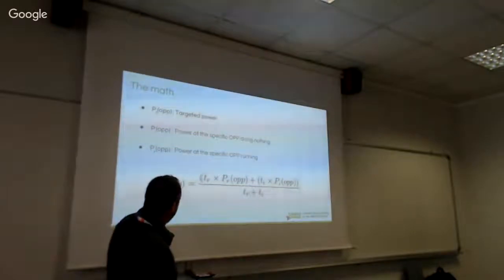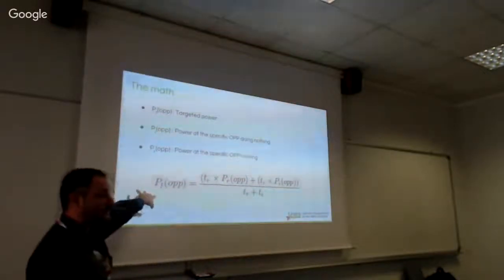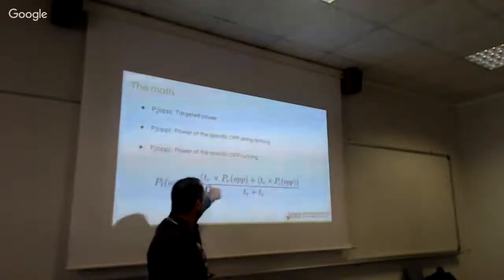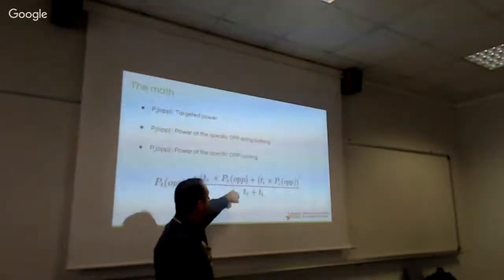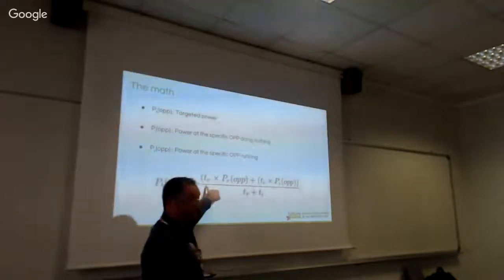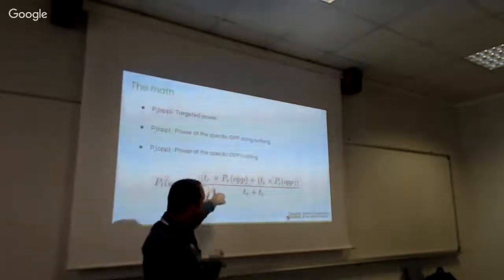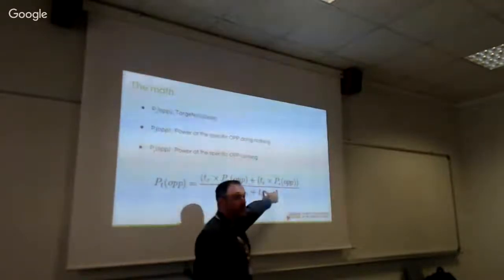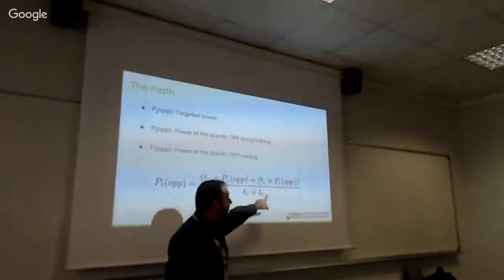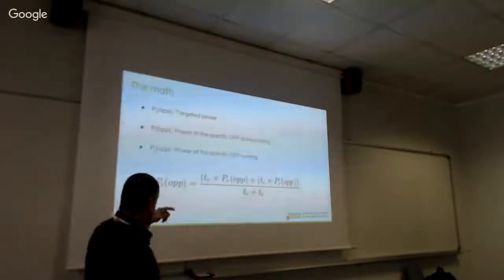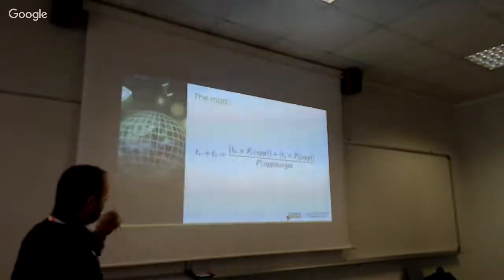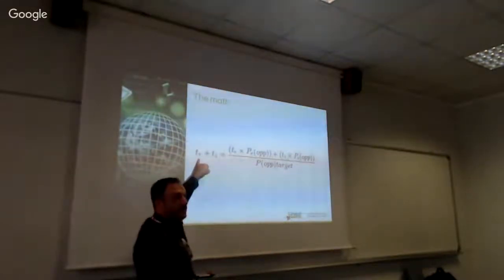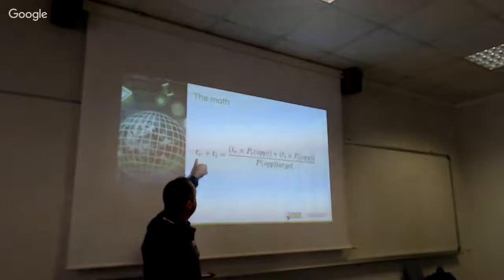We have a power here, and the average of the power is: we are running at the power of this OPP level during an amount of time, and we are idle an amount of time at this power level, and then we have the average here. So we are interested in having this value. What is the period here?